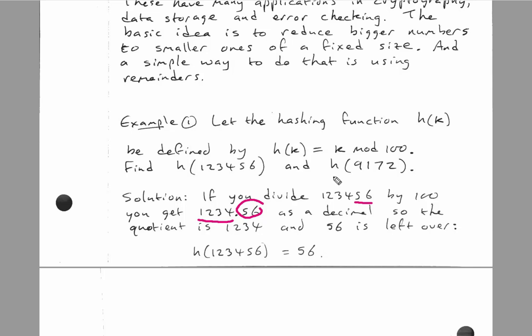If you remember in our discussions of functions, so what's the range of this hashing function? Well, it's a remainder when you're dividing by 100, so we know the remainders have to be numbers between 0 and 99. So that's the range. And this one's kind of in the middle.